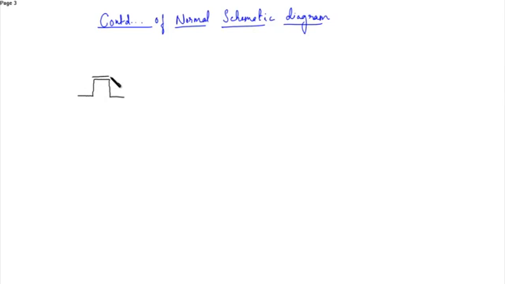This is the input D, this is the output. This is what had to be changed over here.